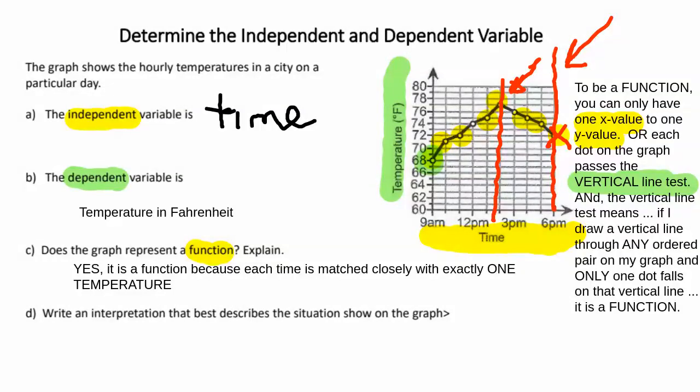And that's the catch. Each time is matched closely with exactly one temperature. Now, that's what they're going to use as the definition, time and temperature.